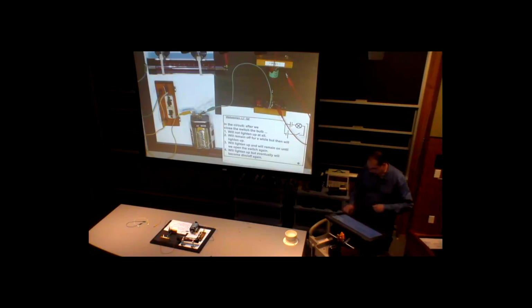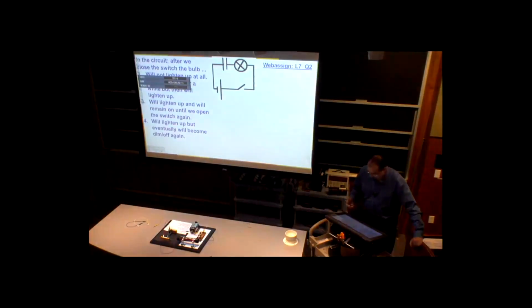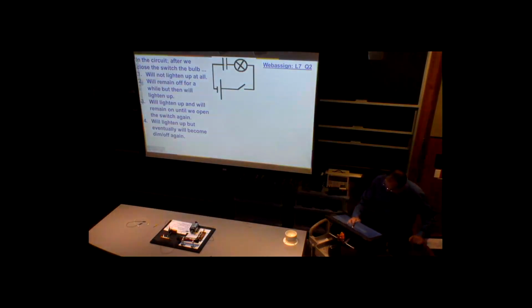What should start happening? Well, the best way is, I'm going to switch back for the moment, to just draw a closed switch. And what should start happening? Well, this is a positive end electrode of a battery. This is a negative.